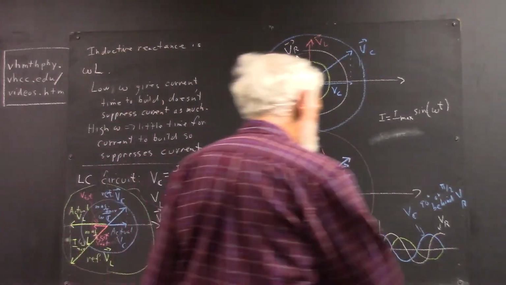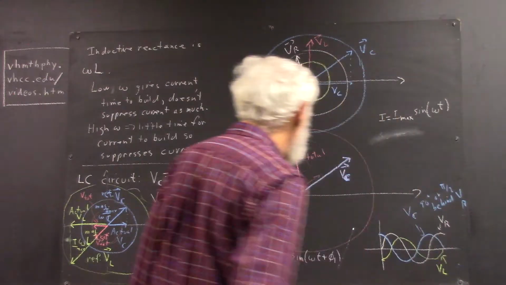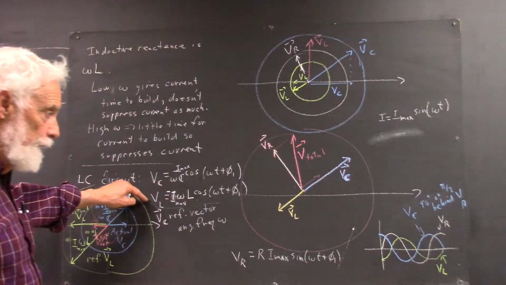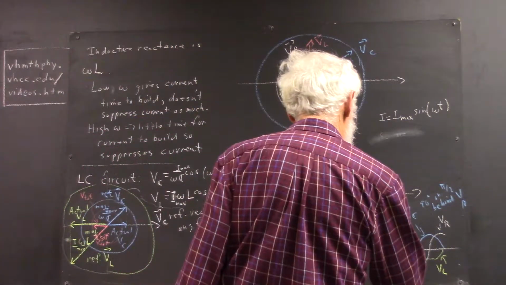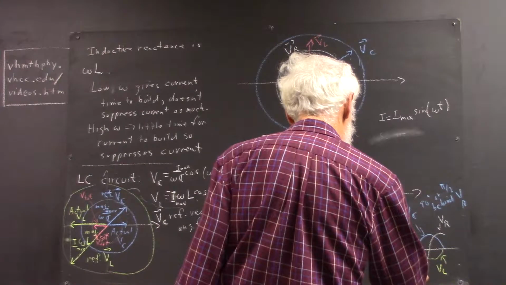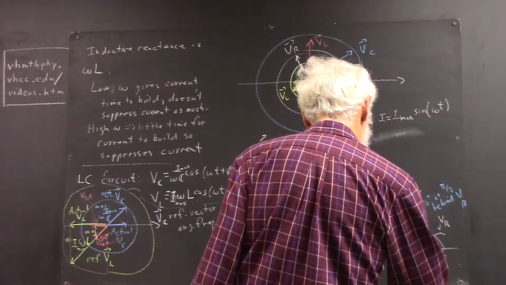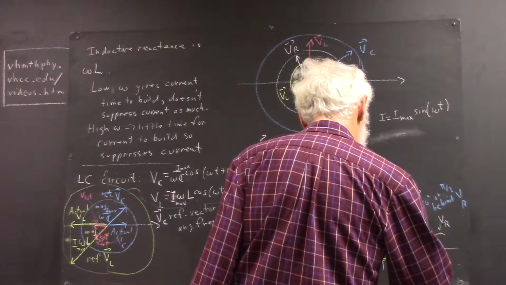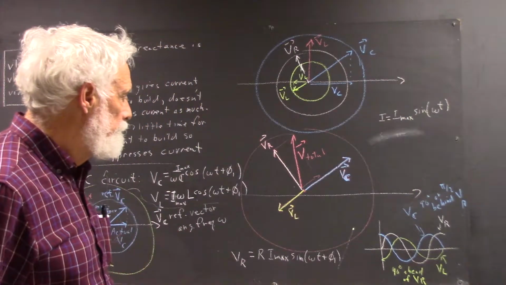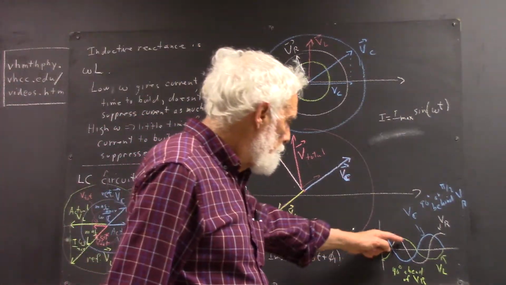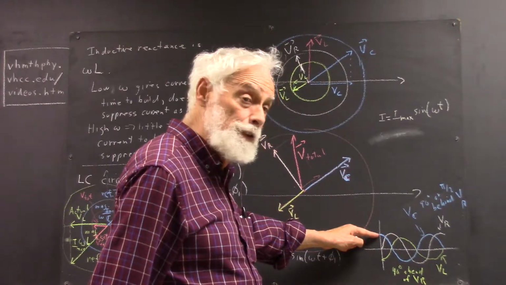So this would be like your V sub L. And that is 90 degrees ahead of V sub R, because it peaks here when V sub R is peaking here, and the V sub C is peaking here.